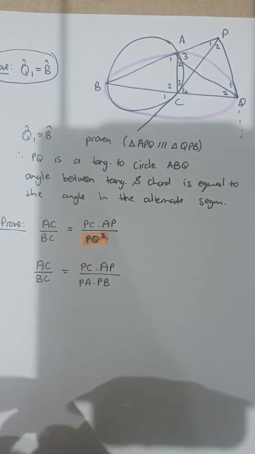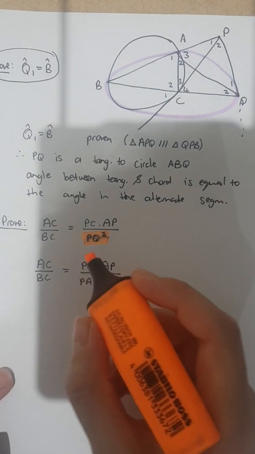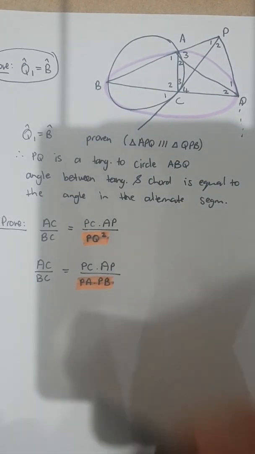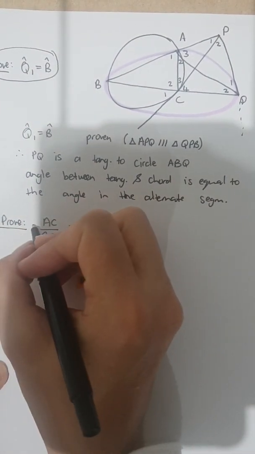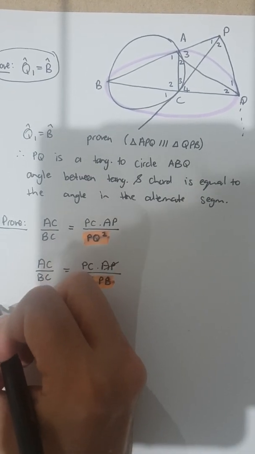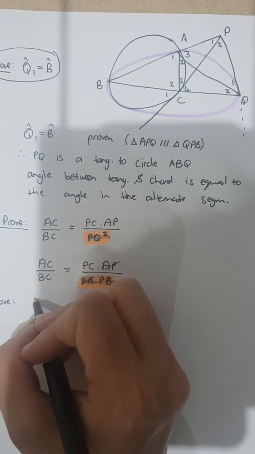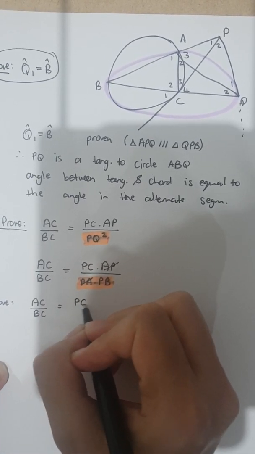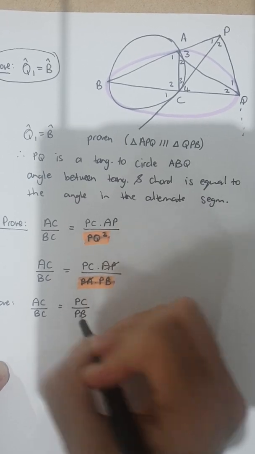I have proven that already. So what are they asking me? They're asking me actually to prove that AC over BC is equal to BC over PB.